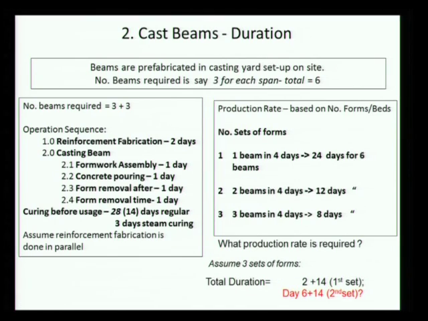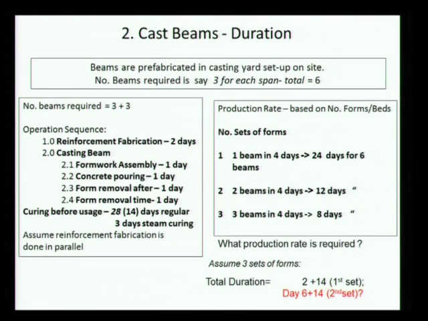What about the second set of beams? Just after, because once the formwork is free, you place your next set of beams. They are ready 4 days later, and they are also cured for 14 days, so it goes to 20 days. Here I have split this into 2.